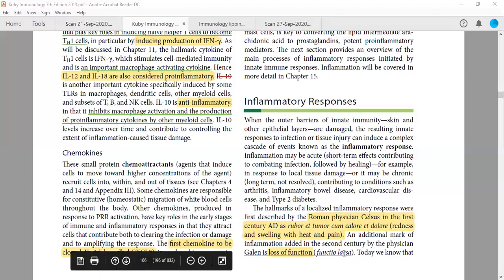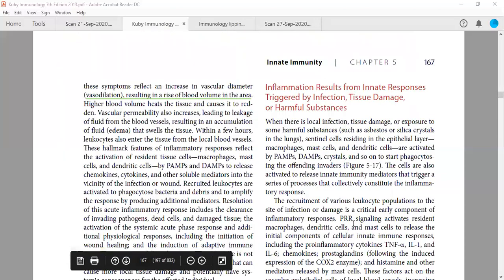This term was used by Galen, but its meaning in English is loss of function. All right. So there are five signs which are related to inflammatory responses. You need to remember these five.